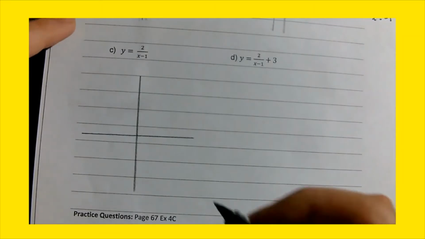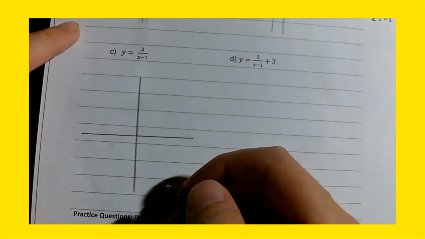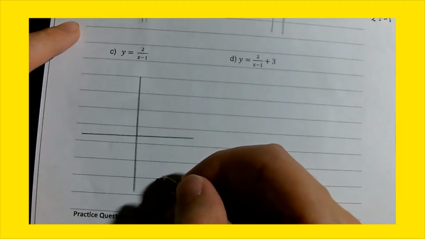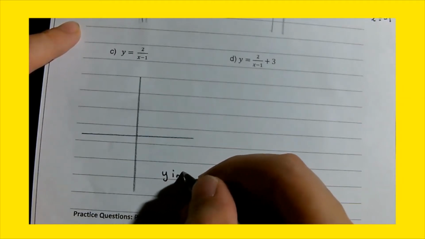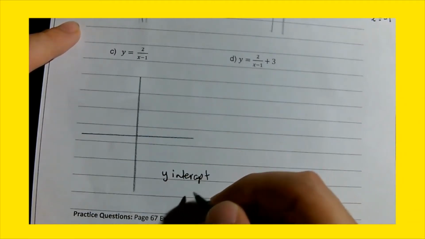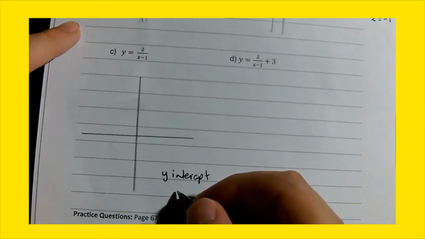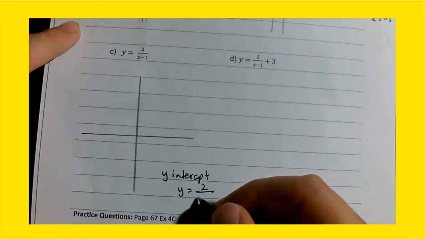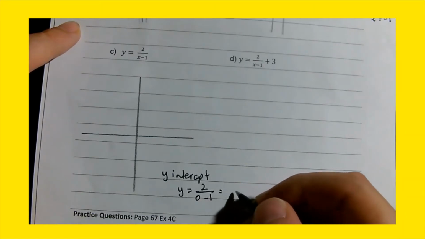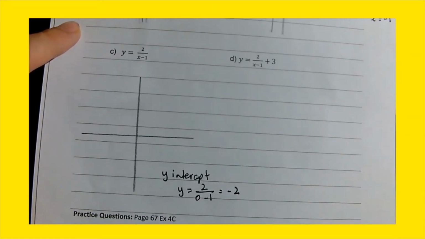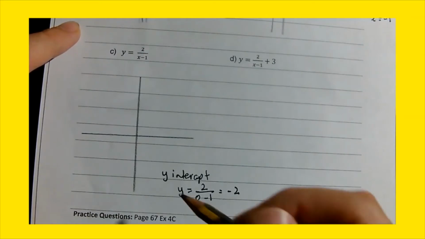Now again, let's try and find the y-intercept. If I want to find the y-intercept, what I can do is make x equal to 0. And what I get is -2. So the y-intercept is -2.